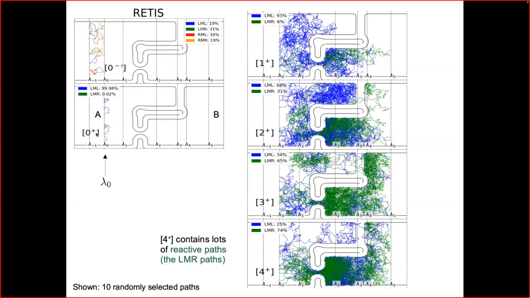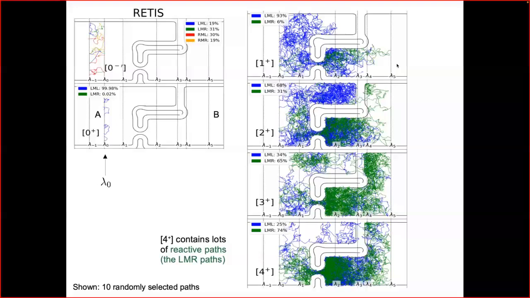Now, if we look again at our graphs with all the paths, then we see now that the green paths are the reactive paths and the blue paths are non-reactive, LML. Here in these low ensembles, we don't have many paths that are reactive. Here we have 10 randomly selected paths out of those 100,000 paths. None is reactive. Here we have more reactive paths.